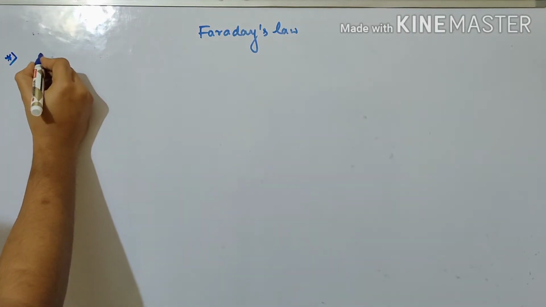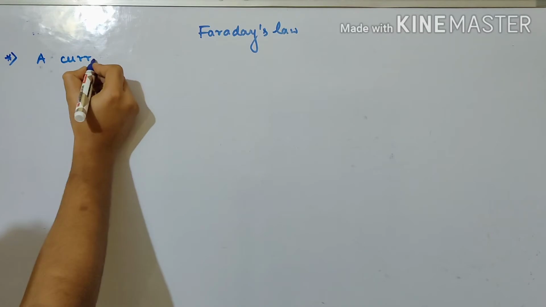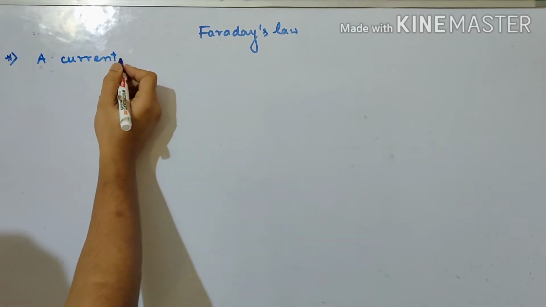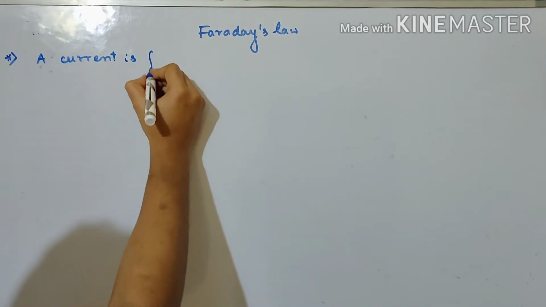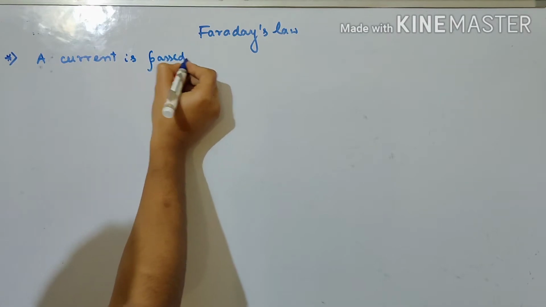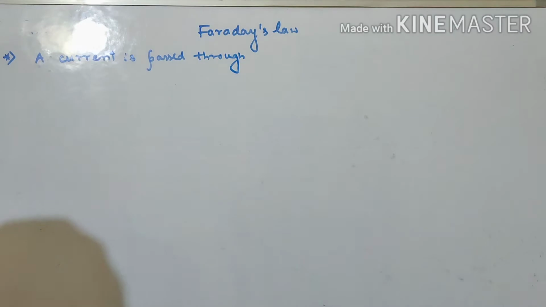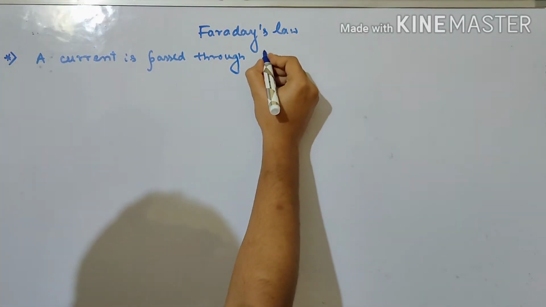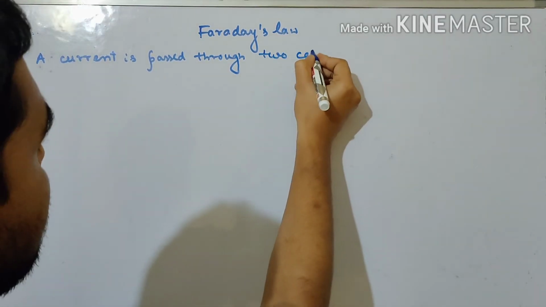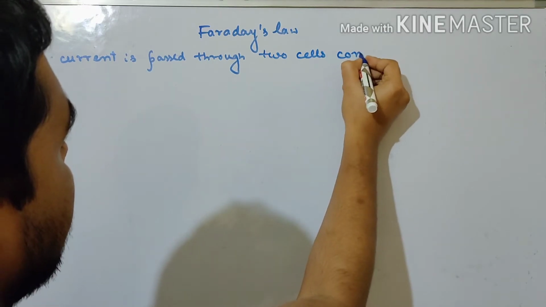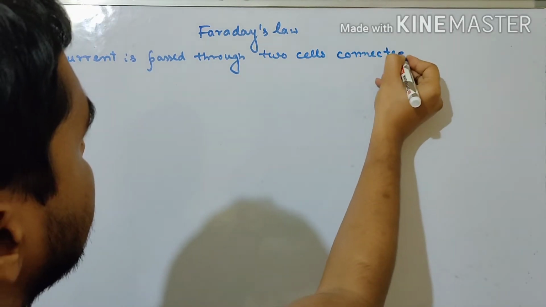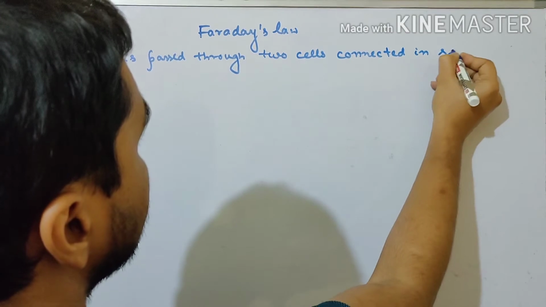A current is passed through two cells connected in series.